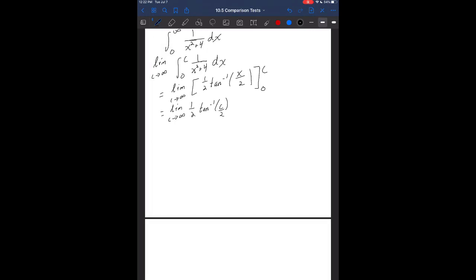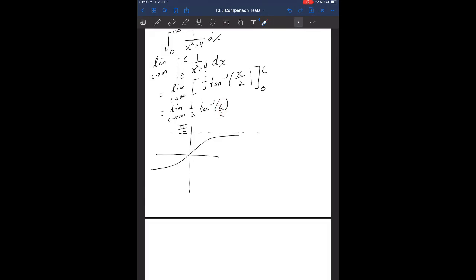So all we're left with is this tan inverse of c over 2, and we're looking at the limit as c goes to infinity. Well, if we remember our tangent function, it looks like this, where as we get larger and larger values in it, we are getting closer and closer to this line pi over 2.